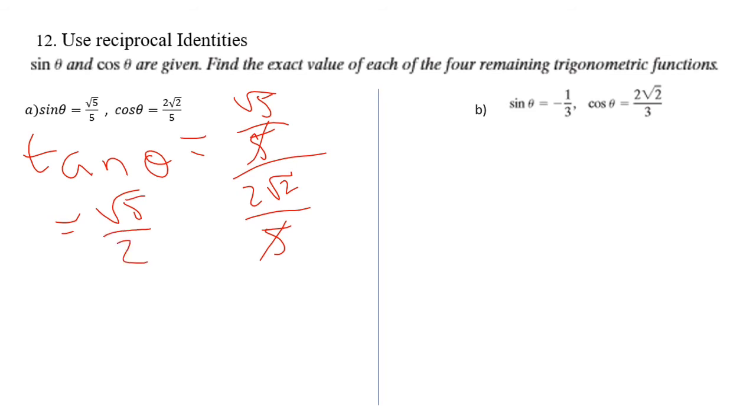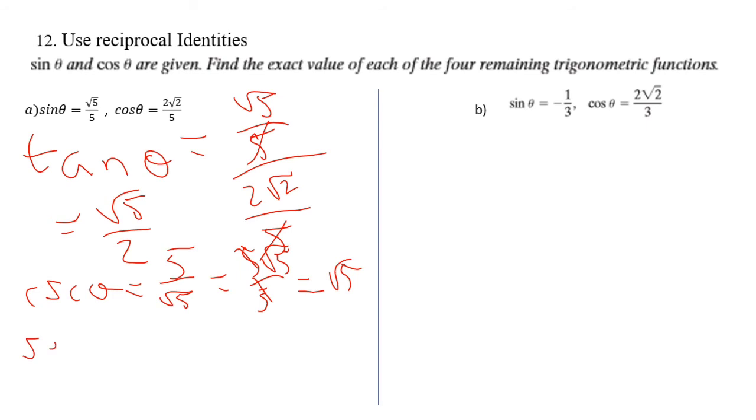Now let's get the reciprocals. We just need to flip. So cosecant is going to be equal to 5 over root 5, which is equal to 5 root 5 over 5, which if I cancel that down is just root 5.